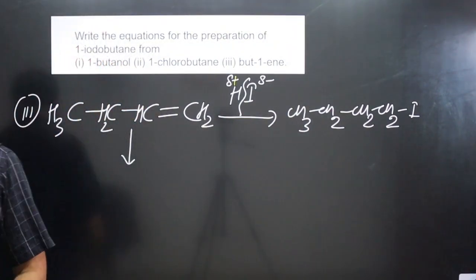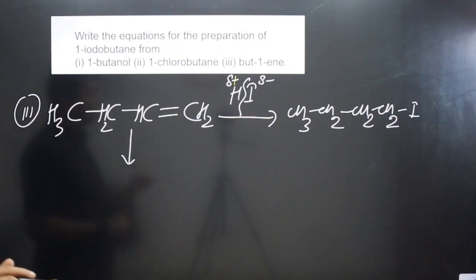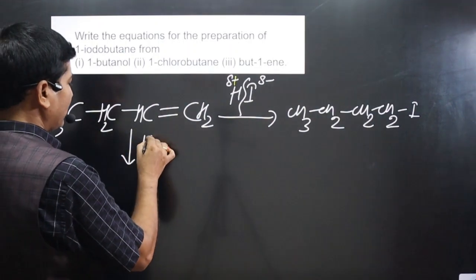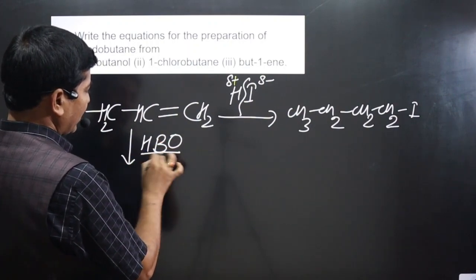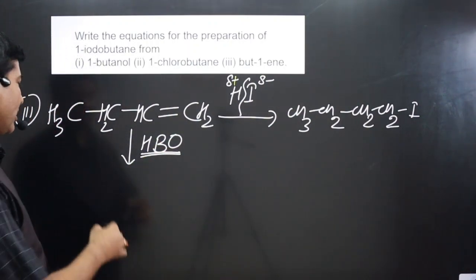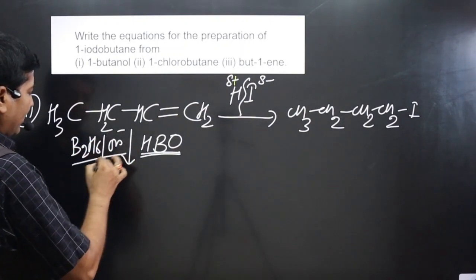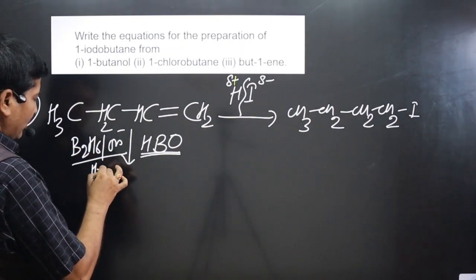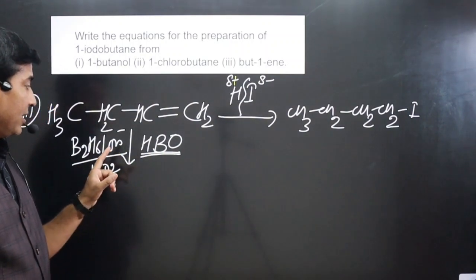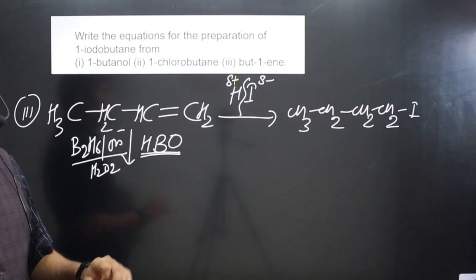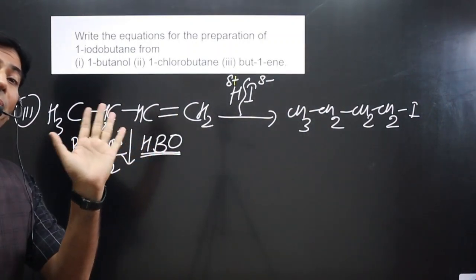But apart from this, let's say I use the hydroboration reaction, HBO. In this case, what is the reagent we use? This is B2H6, then OH minus ion, and H2O2. With the peroxide effect, this is a kind of indirect hydration reaction, addition of a water molecule according to the anti-Markovnikov rule.